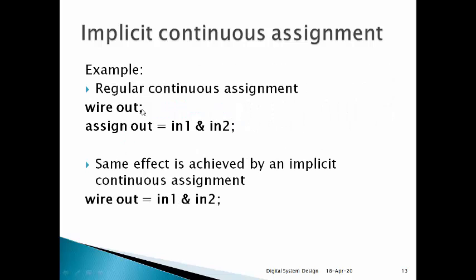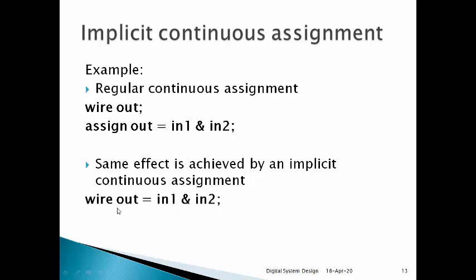This is the example. Here you see that this is the regular continuous assignment, wire out and assign out. This is the regular continuous assignment, but this is the implicit continuous assignment. Here you see that we are declaring the out variable as wire data type, and at the same time we have implicitly assigned in1 and in2 to out.